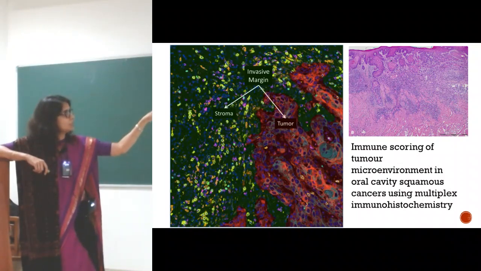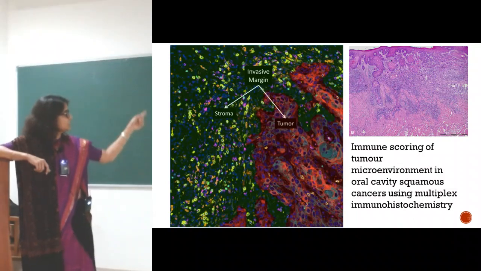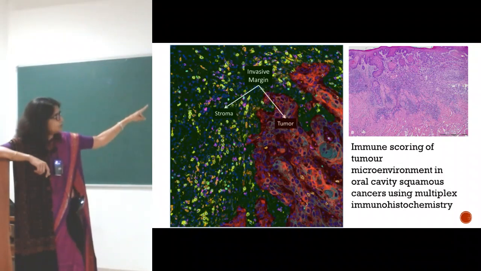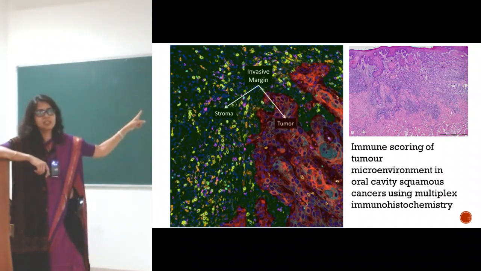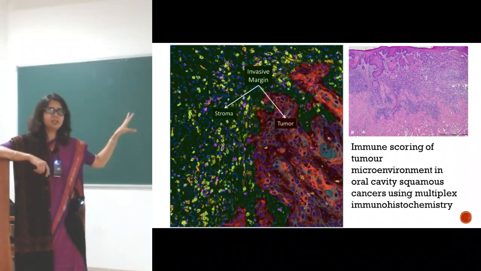Now, looking at the lymphocytes, it's very difficult for us with the human eye to give a score of how many lymphocytes, B cells and T cells there are. We can only do this kind of scoring. The green is these different, you can't understand the different colors. This is actually an immunofluorescence kind of staining, where 7 different antibodies have been used against 7 different kinds of inflammatory cells, and we have come out with an immune score.